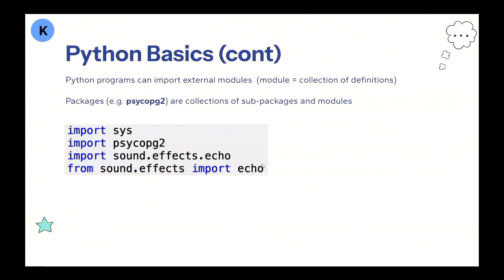And just now we have covered the basic statements, the basic expressions, and data types in Python, and also the definition of functions. And now let's go through more syntaxes or usages of Python. Like in many other programming languages, we can import external modules within a Python file, and each module is a collection of definitions.